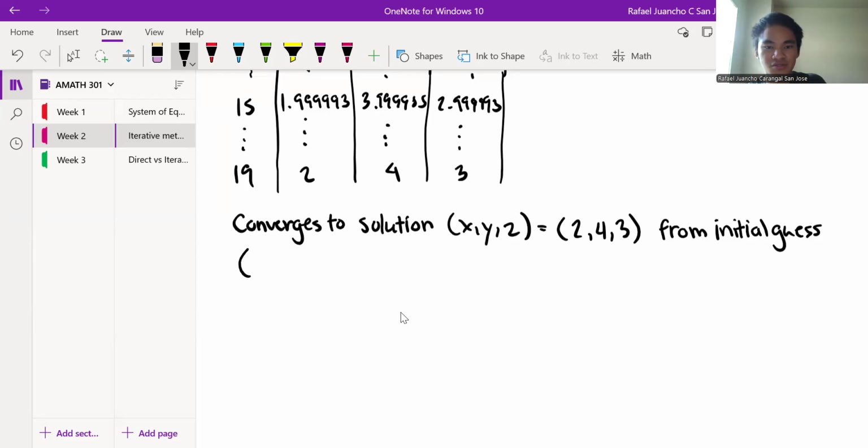My initial guess was x naught, y naught, z naught, which is 1, 2, 2. So it's the idea of getting closer and closer to a value.